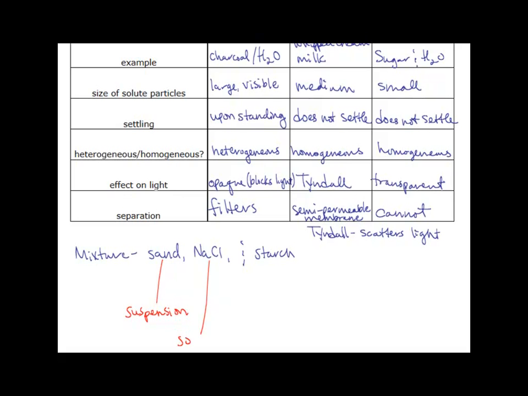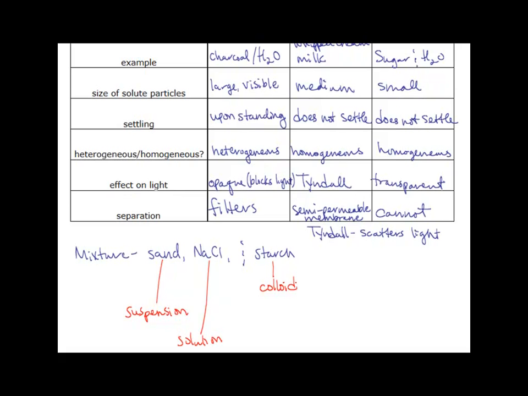That makes it a solution. Starch was trapped on the inside of that dialysis tubing, so that makes starch a colloid. So now you can complete Lab 19.